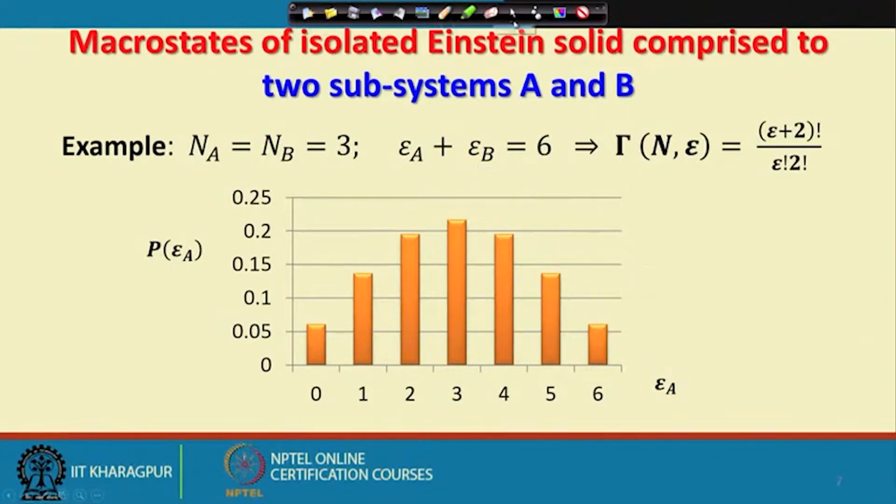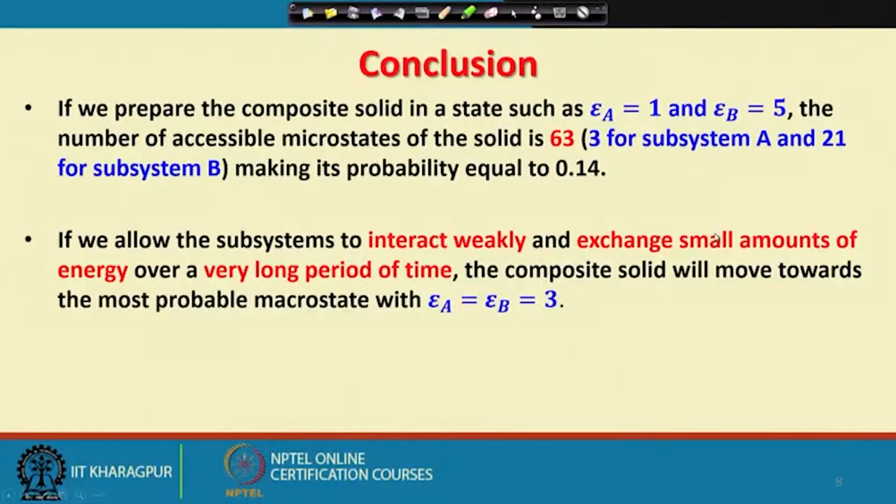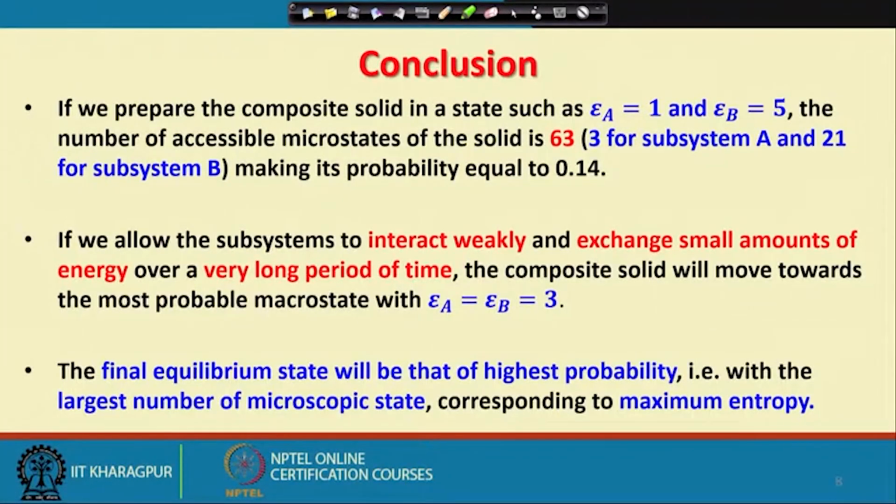It can then be very easily concluded that the composite solid, on being allowed to interact weakly over long periods of time, will move towards that state that is associated with a maximum number of microscopic states. And we can also conclude that the final equilibrium state will be that of the highest probability.